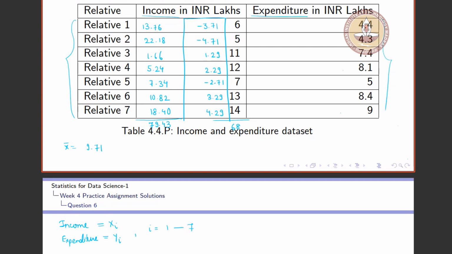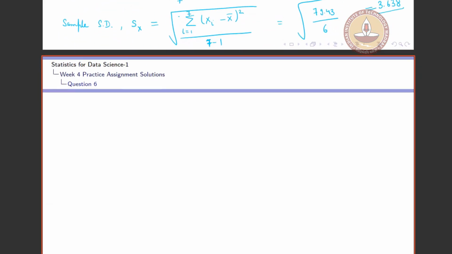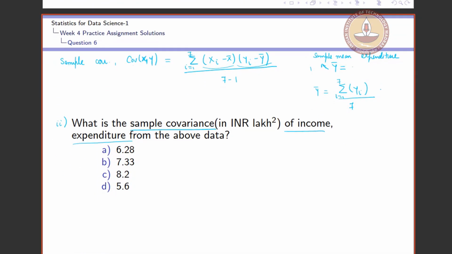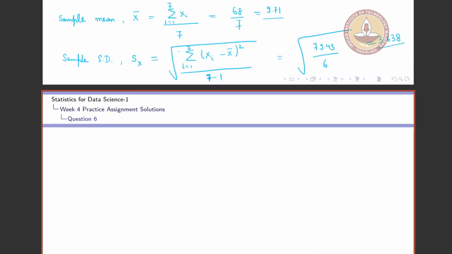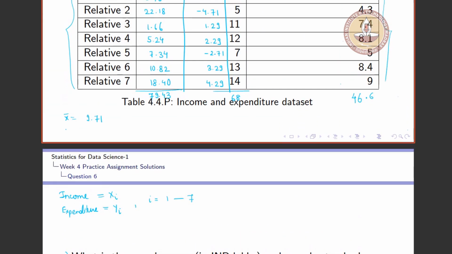So 4, 3, 7, 7 for 11, 1, 12, 12 for 16, 1, 4, 4, 8, 8, 7, 15, all add up to 46.6. So the sample mean expenditure is 46.6 divided by 7, that will be equal to 6.65. So y bar is equal to 6.65.